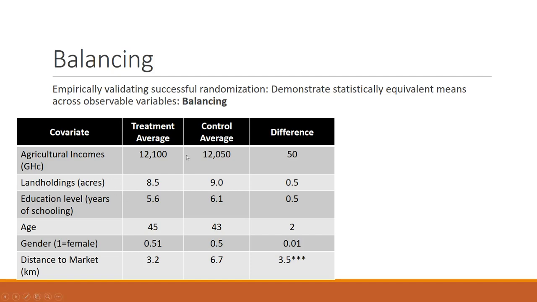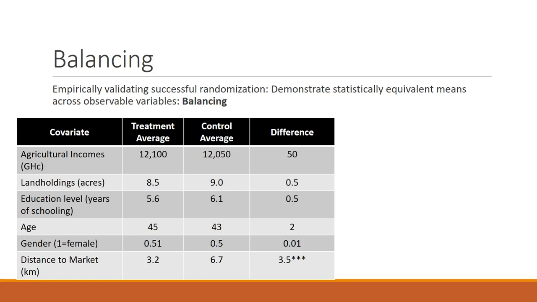So let me get really practical here. This is what we do when I say a test for balance. What we do is we take a bunch of variables from our data set, a bunch of characteristics of the individuals in our sample, and we conduct what's called a mean t-test to see if those variables are different between the treatment group and the control group.